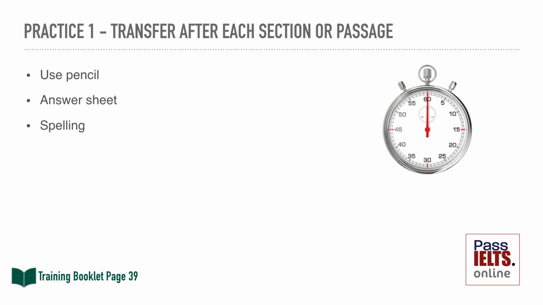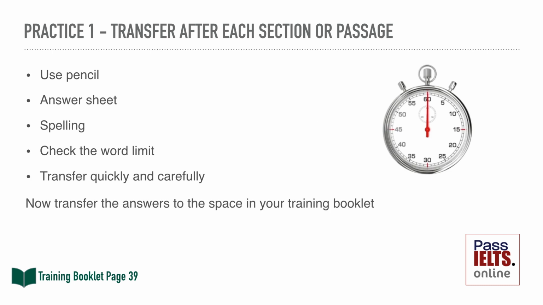You have to check your spelling. All you need to do here is to make sure you've copied the words correctly, and remember to check the word limit. Also remember to transfer quickly and carefully. You now have 40 seconds to transfer your answers to the space in your training booklet. I'll tell you when the time is up. You can start now.